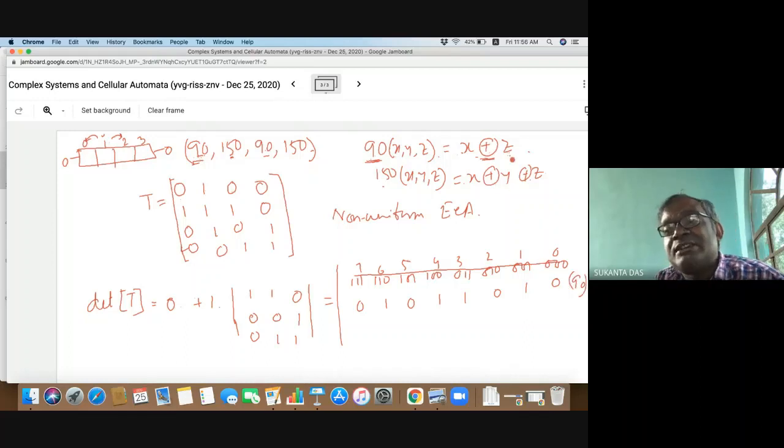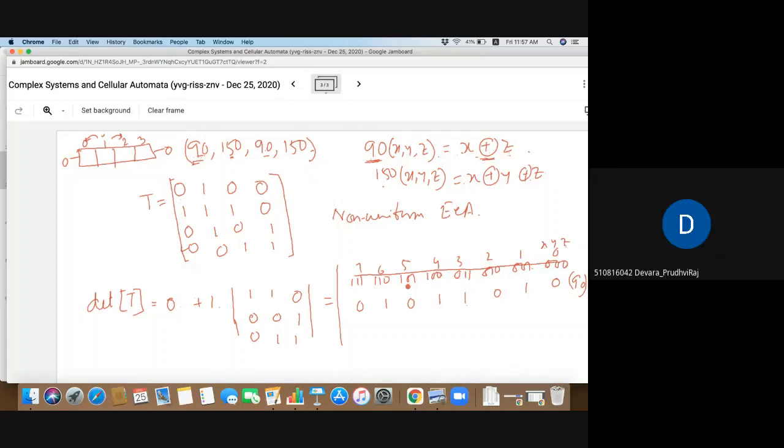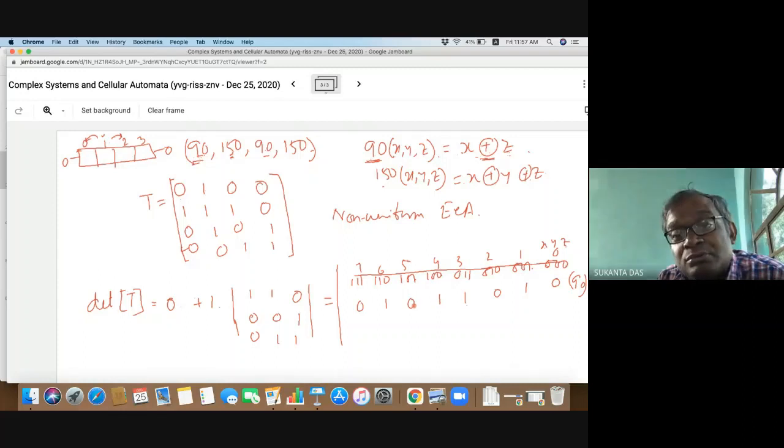You can check whether I have written correctly or not. The left neighbor is x, then y, z. So omit the middle bit, x and z, the first and last. 0 XOR 0 is 0, right? 0 XOR 1 is 1. 0 XOR 0 is 0. 0 XOR 1 is 1. 1 XOR 0 is 1. 1 XOR 1 is 0. 1 XOR 0 is 1.